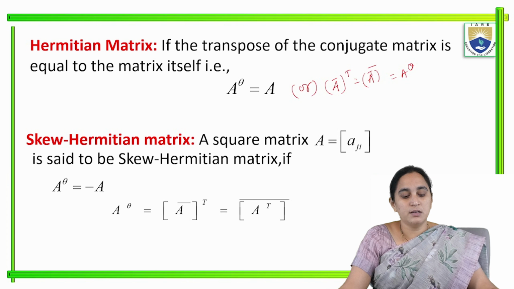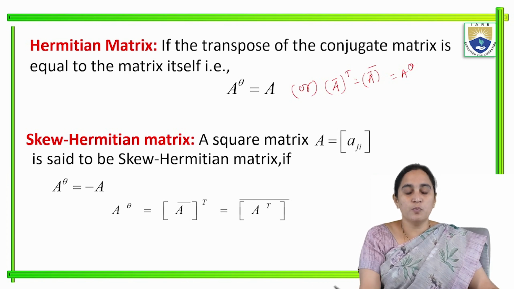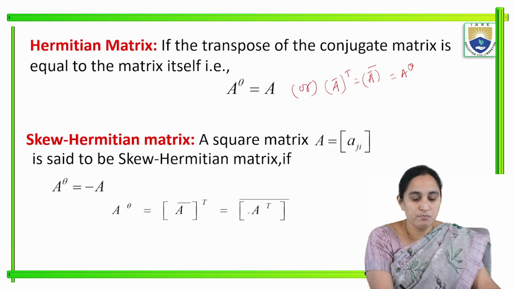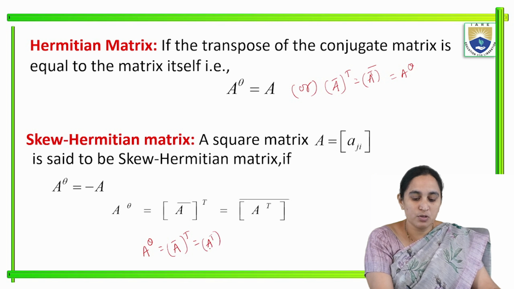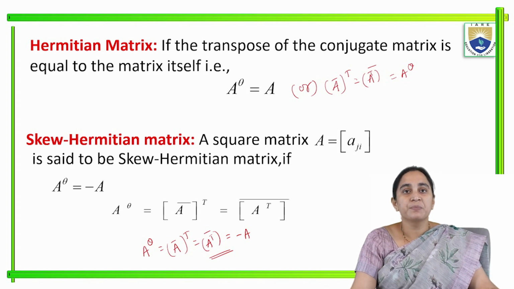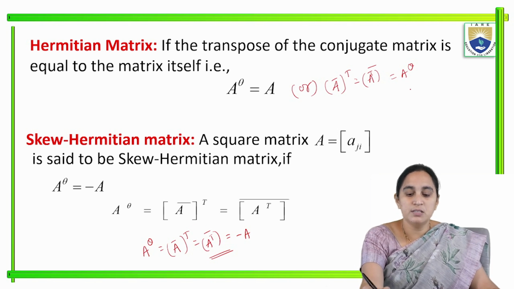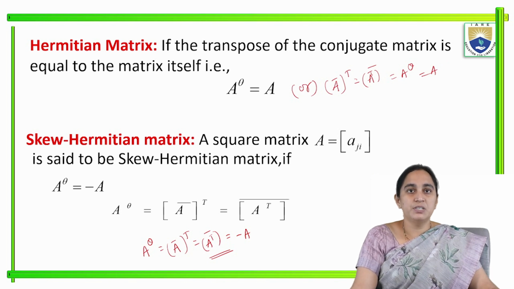A^θ is equal to minus A. That means the conjugate transpose, (A bar) transpose or (A transpose) bar, is equal to minus A. If the condition is satisfied, the given matrix is said to be a skew Hermitian matrix. If A^θ is equal to A, then the given matrix is called a Hermitian matrix.